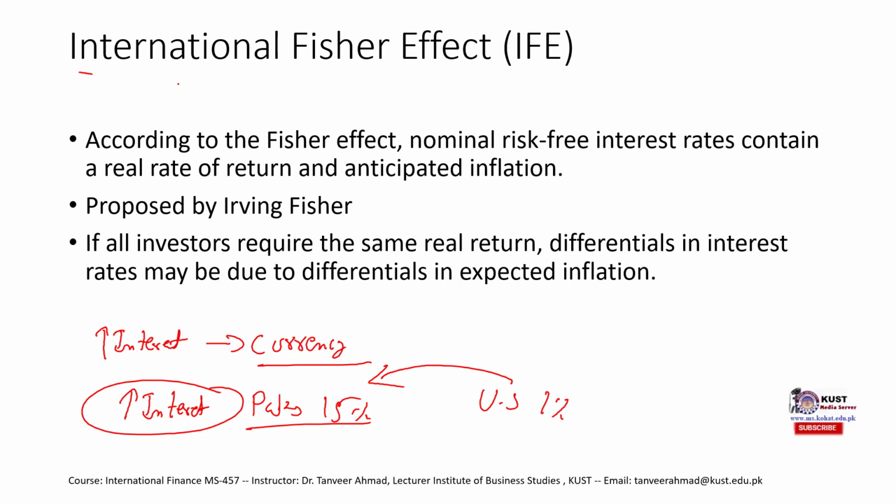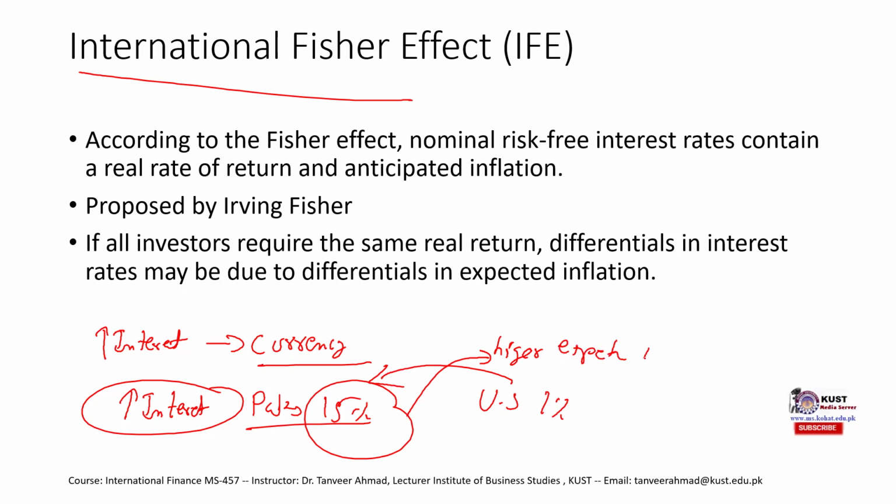But this international Fisher effect is saying that this higher interest rate is not the real return that the investor would earn. This higher interest rate might be due to higher expected inflation, right? Because if you understand what monetary policy is, when the inflation is higher in a country, the central bank would increase the interest rate.